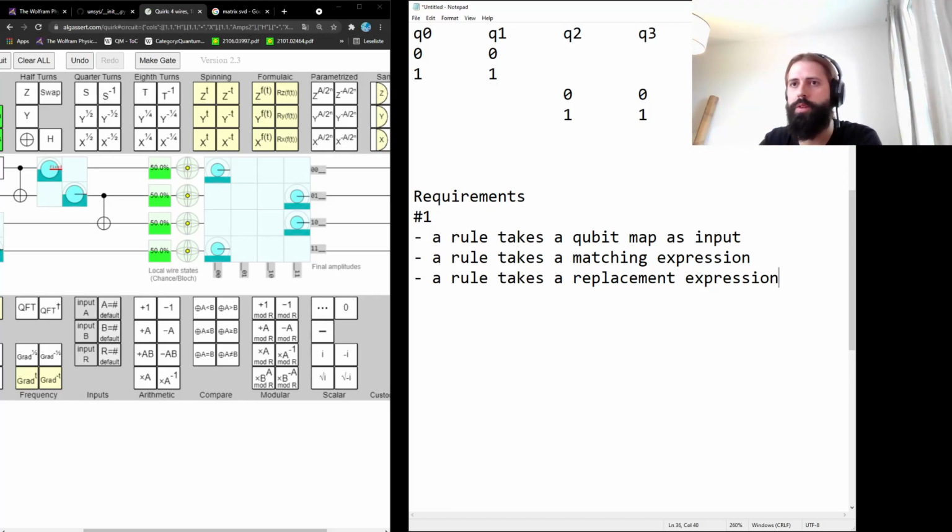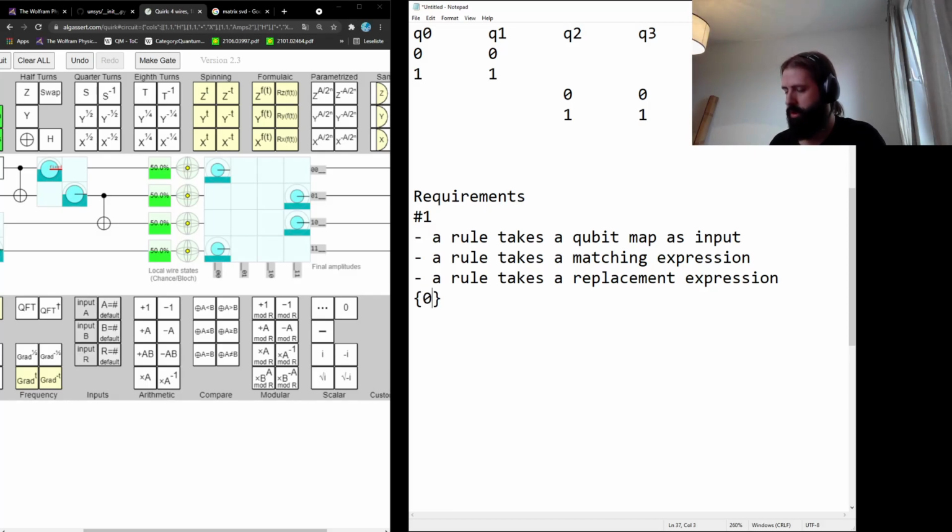But you would do this in a way that you map that replacement to specific qubits. So if I would say, for example, that will be all that it needs.